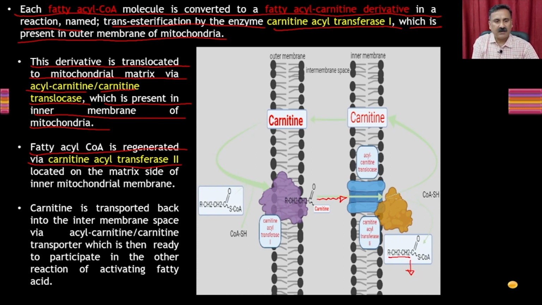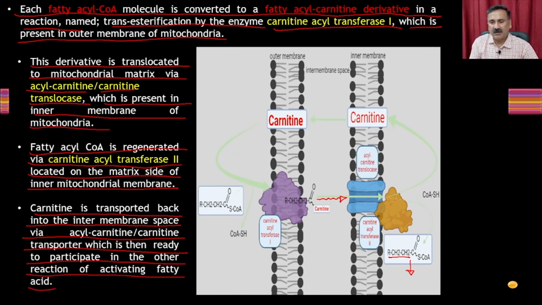Carnitine acyltransferase 2 is located on the matrix side of the inner mitochondrial membrane. Carnitine is then transported back by the acyl carnitine transporter, and is ready to participate in the activation of other fatty acids.